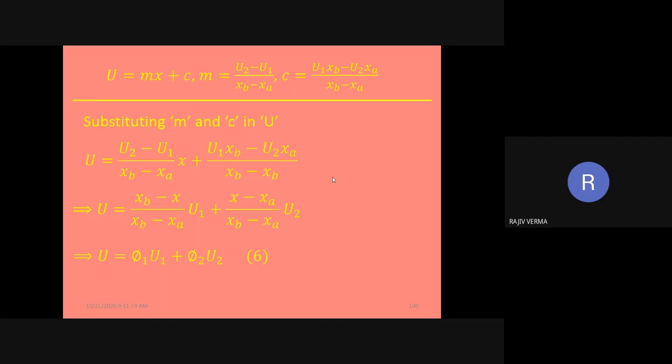Of course, the number of unknowns remains the same. Earlier they were m and c, now they are u1 and u2. The significance of this alternate form is that the two unknowns, u1 and u2, represent the value of the unknown at the nodal locations itself. So it is much more significant, and of much more use compared to the previous polynomial.